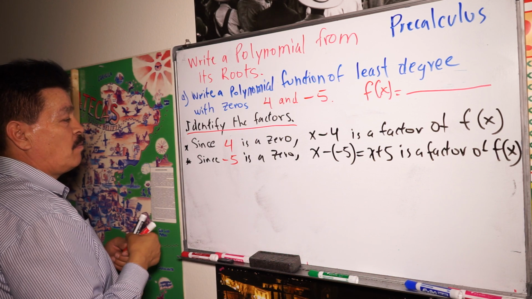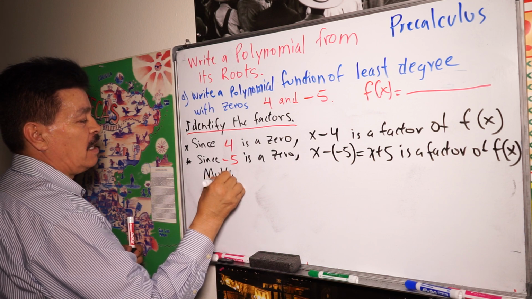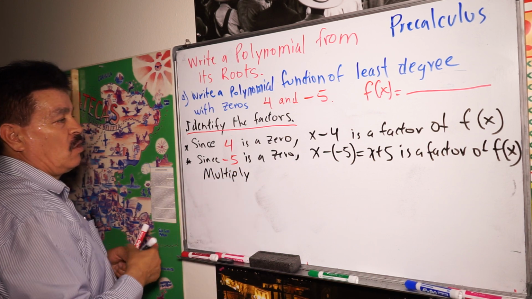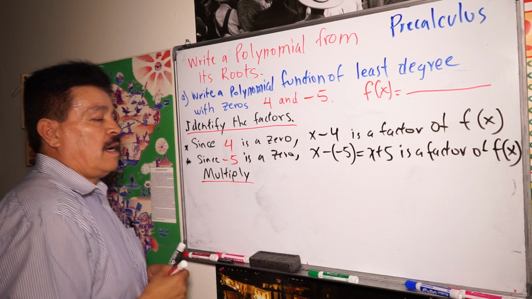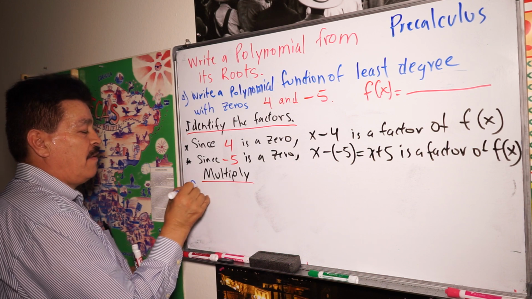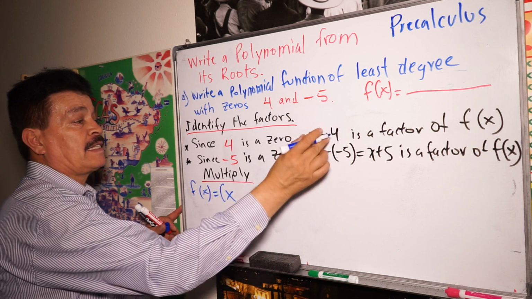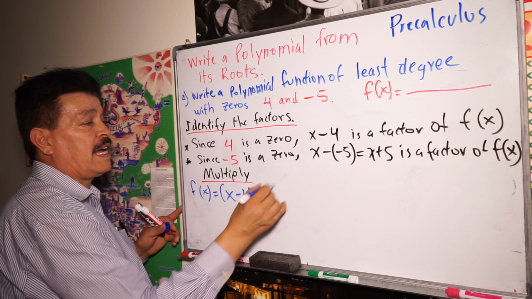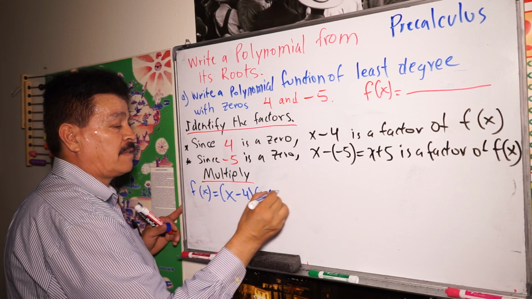Now the next step: multiply. We have to multiply f(x) equals x minus 4 times x plus 5.